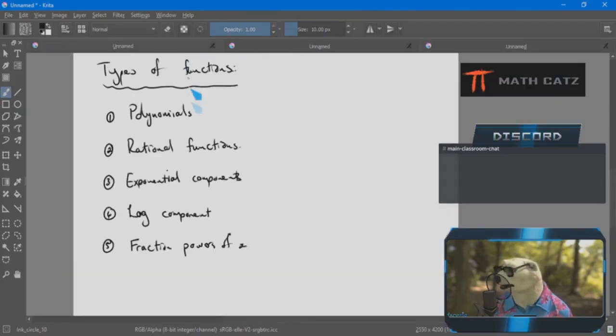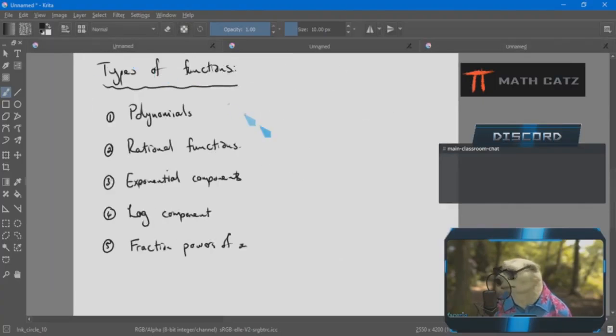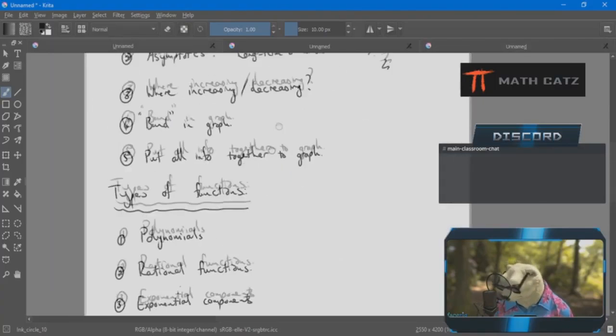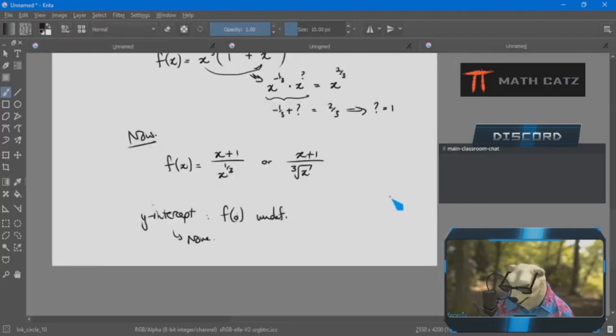And this function is the last in my list of types of functions, probably the most difficult one as well. We're going to see it again. It's going to come up for each of the steps that we look at. We're going to look at these types of functions, and we'll build that experience slowly over time.